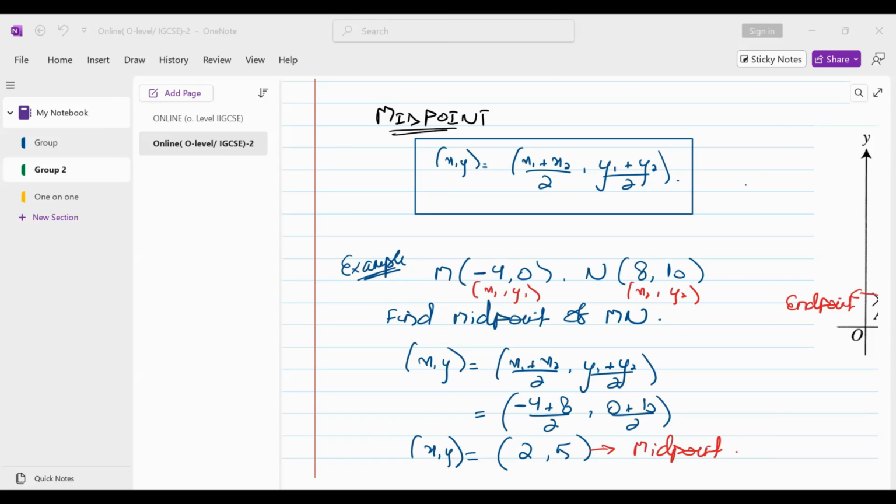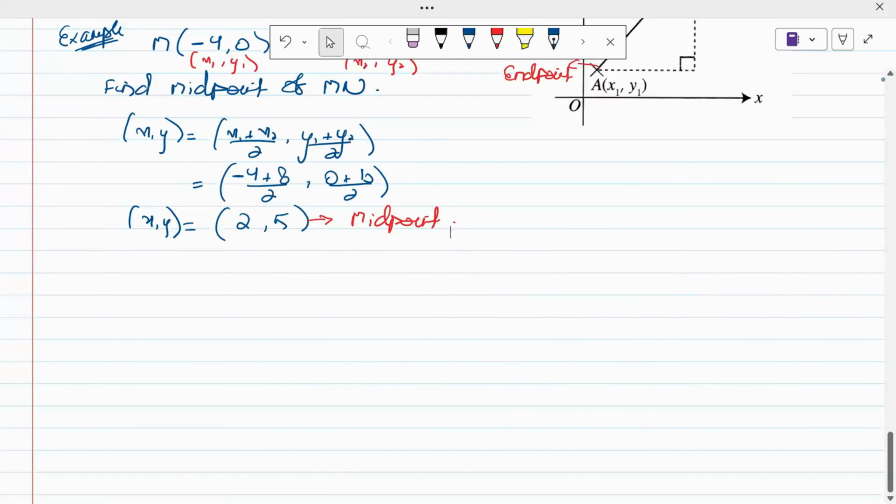So let's suppose we have been given a point P (-3, 1) and Q, we don't know what it is.